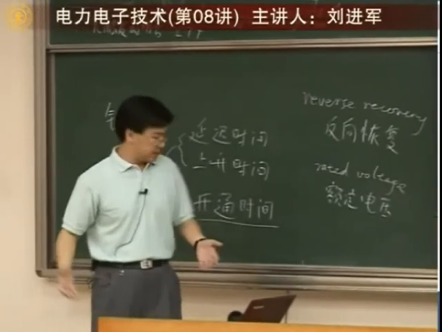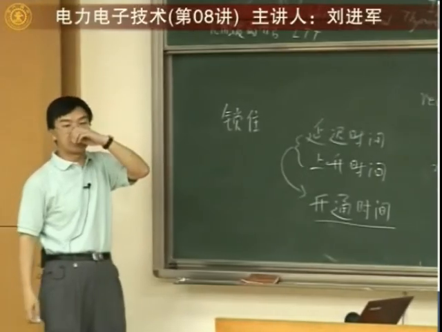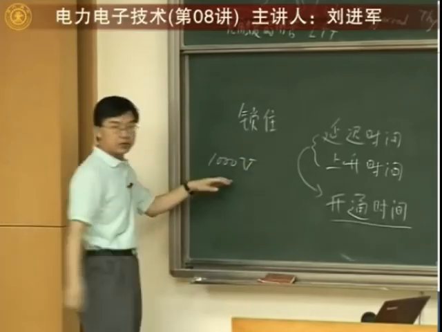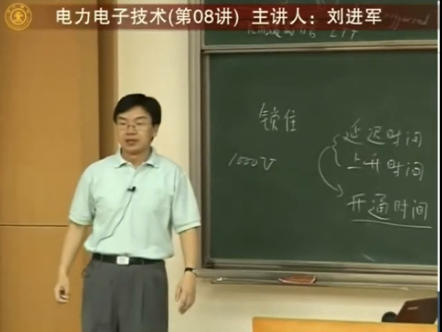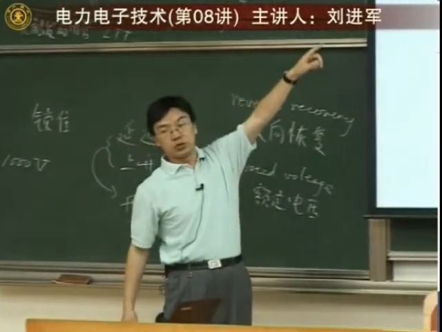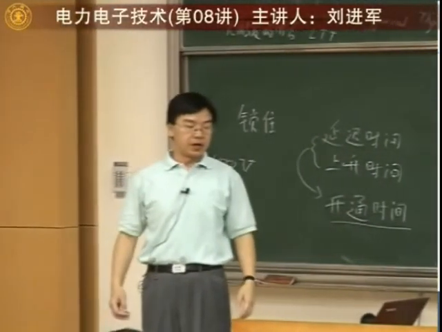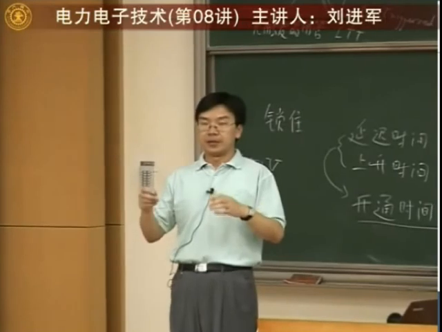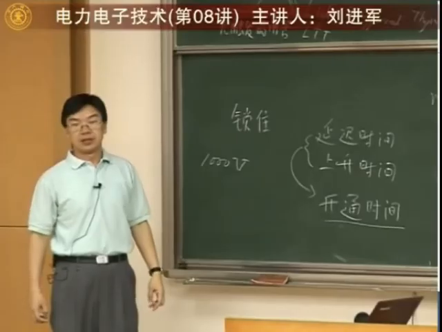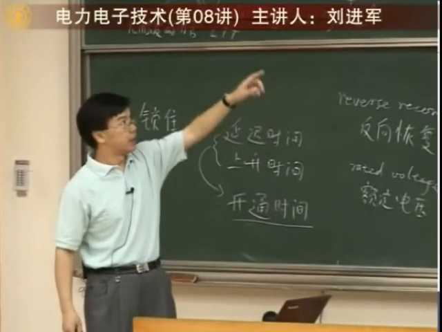So if I bought a thyristor from the market and it is a 1,000 volts thyristor, what does that 1,000 volts mean? It means those two things. The peak repetitive forward blocking voltage or reverse voltage is 1,000. The maximum voltage is 1,000. Okay? So the rated voltage for a thyristor depends on those two things.